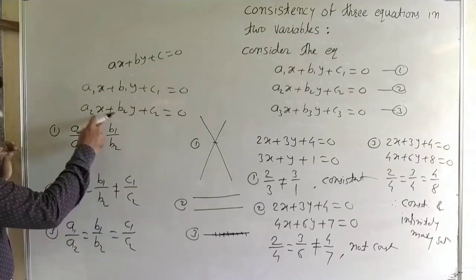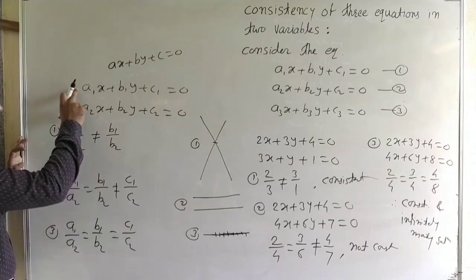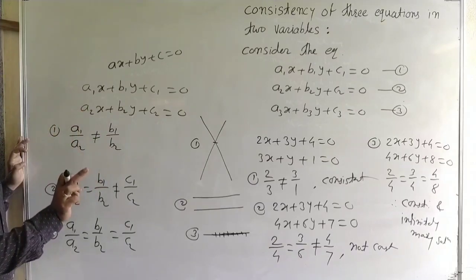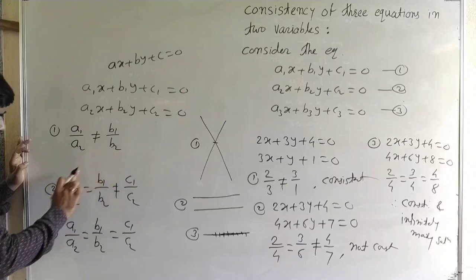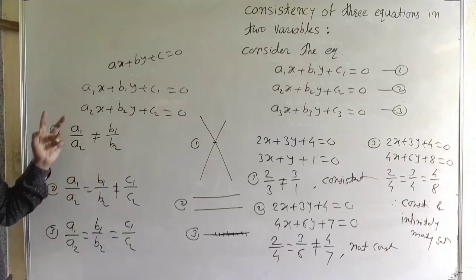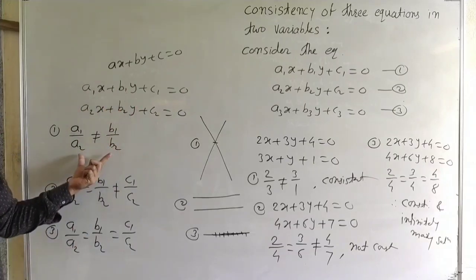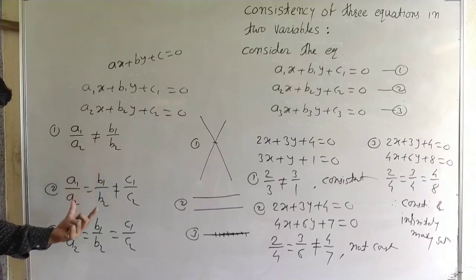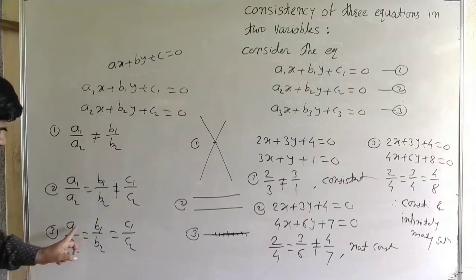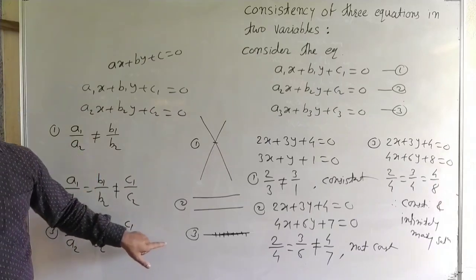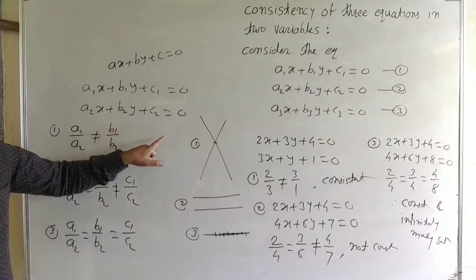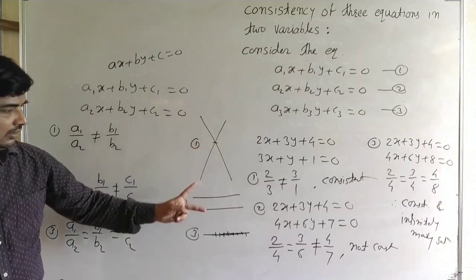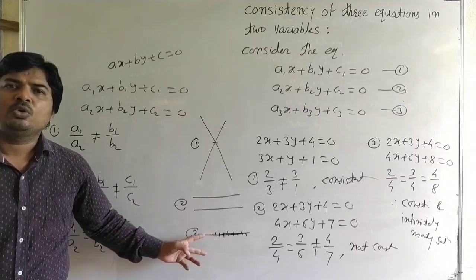Here for consistency there is a case, here we can take only two equations. This condition is only for two equations. It is not consistent, and here it is consistent but infinitely many solutions. It is consistent and it is a unique solution: that is intersecting lines, parallel lines and coincident lines.